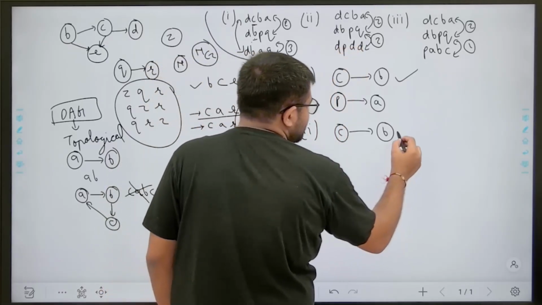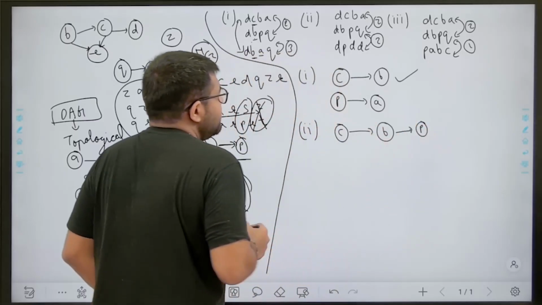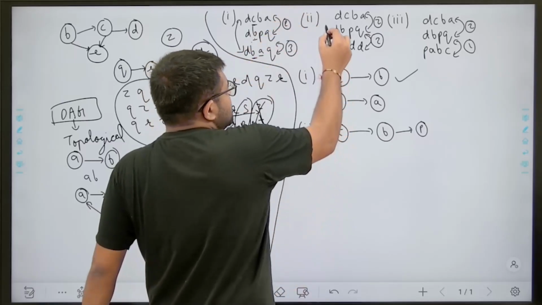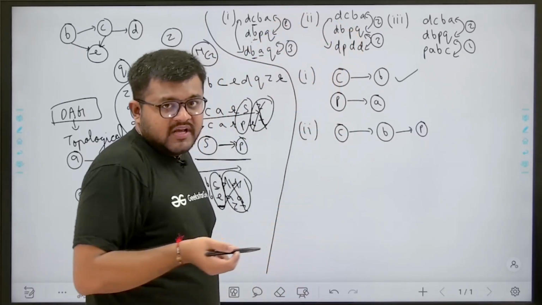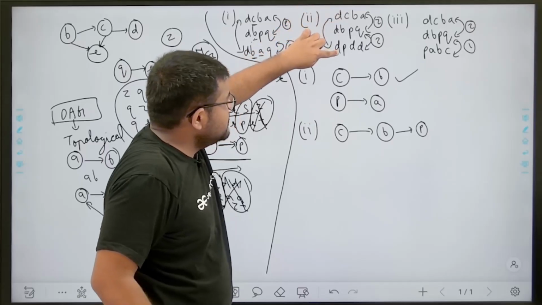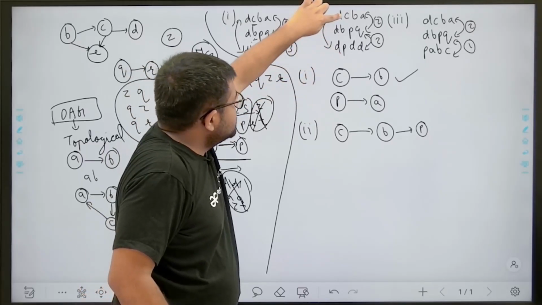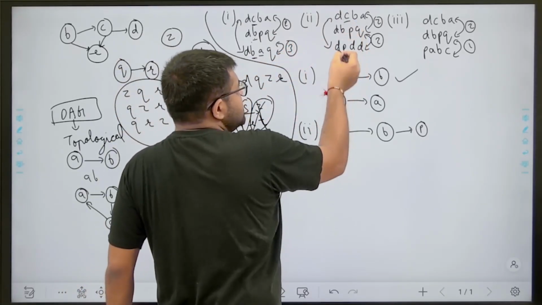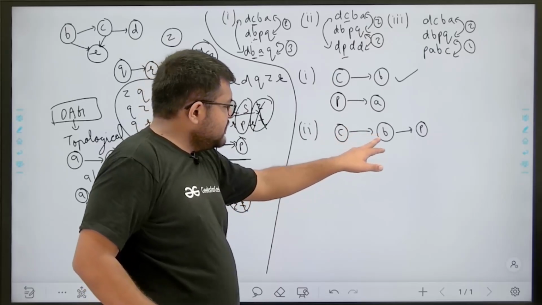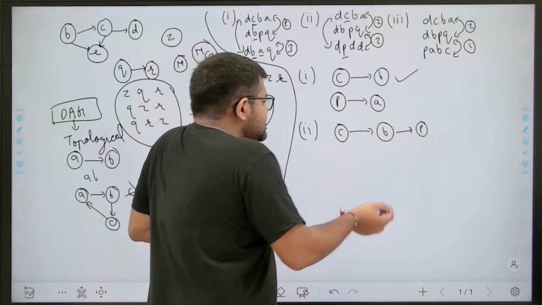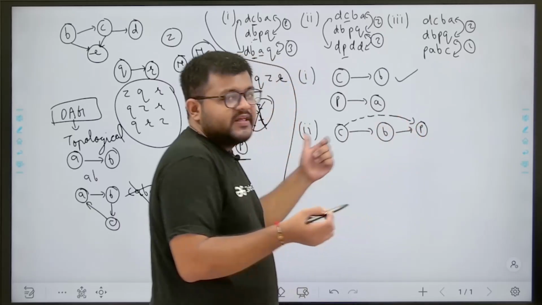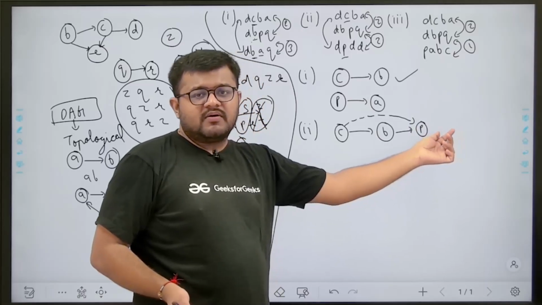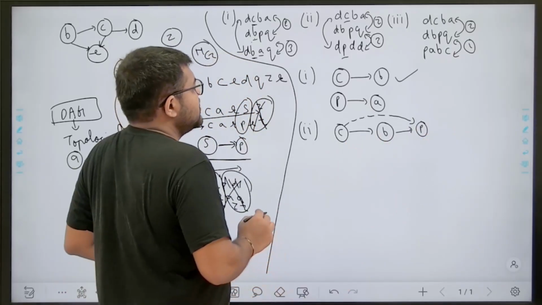It says B must come before P. Now, since the mismatching positions between both are second, if I compare the first and the third string, either the first characters would be the same, but here we have P, so it says C must come before P. Now tell me, C must come before B, and B must come before P. Is there any need to put an edge from C to P? No, it is already implied: C comes before B and B must come before P, so C must come before P. There is no requirement.